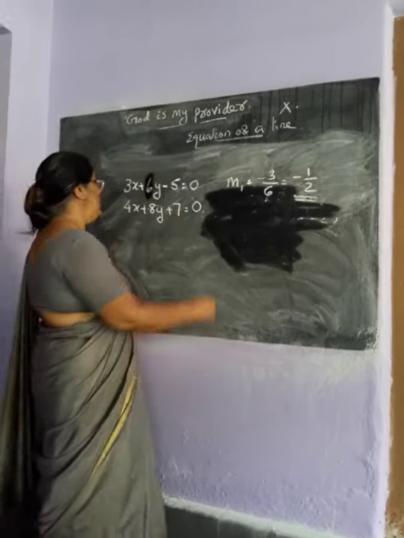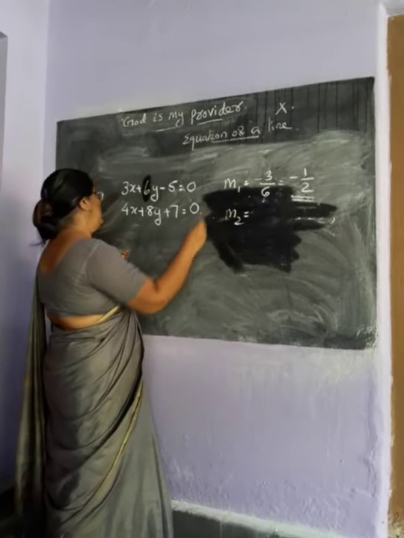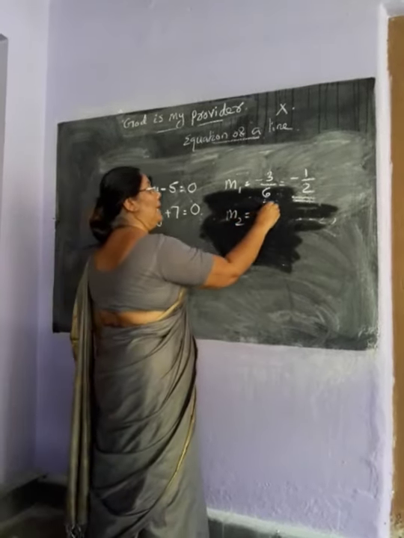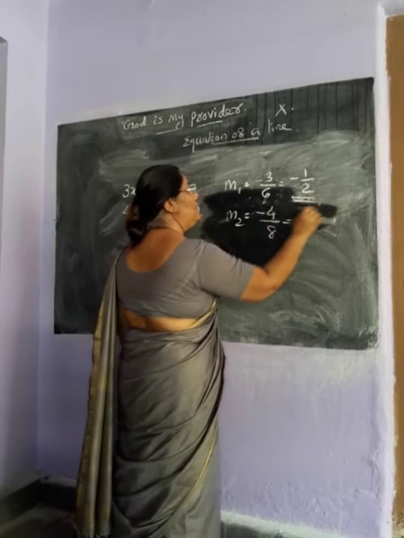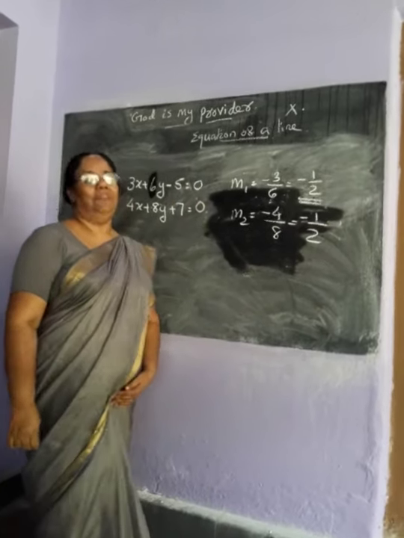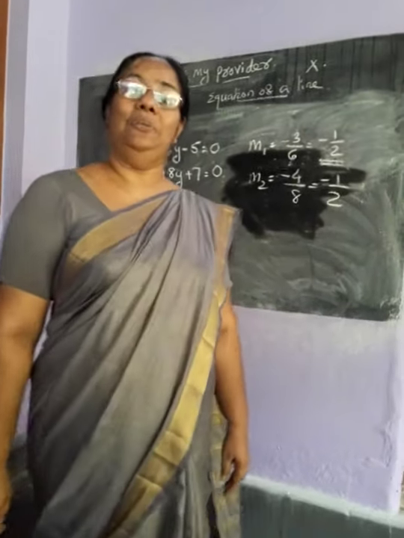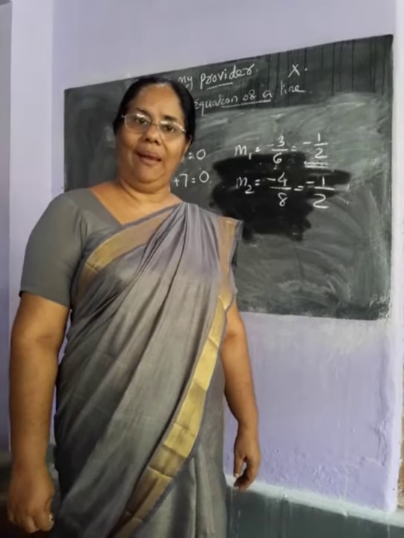Now take the second line and find m2. m2 is equal to minus 4 by 8. That is also minus 1 by 2. Therefore, we can say that the two lines are parallel.